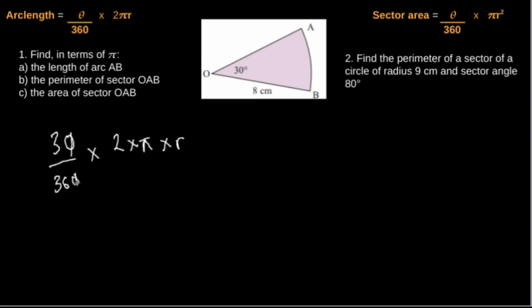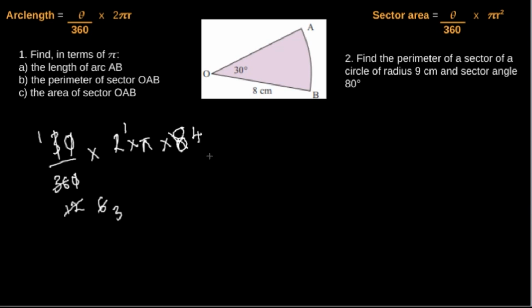This 0 takes care of the 0. 3 here, 1. 3 in 36, 12. Oh, we're given our radius. Our radius is 8, so I need to change r to 8. So let me just do that here. So 2 here, 1, 2 here, 6. 2 and 6, 3. 2 and 8, 4. Can anything be simplified?